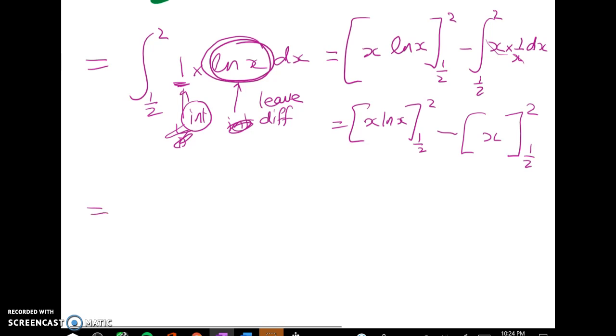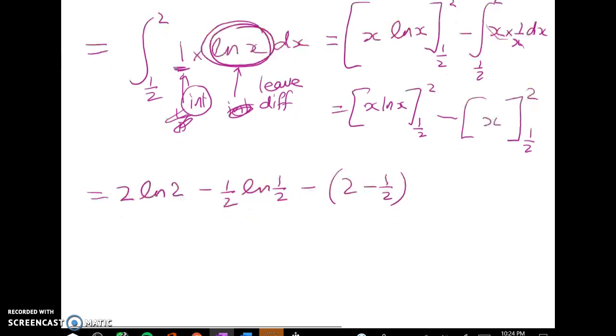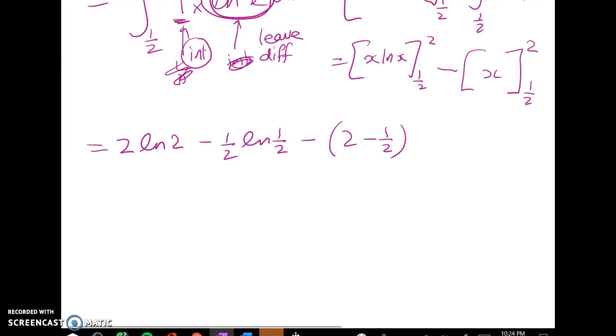Right, now evaluating that at the limits gives me 2 log of 2 minus a half log of a half, minus 2 minus a half. So let's clean this up quite a bit.